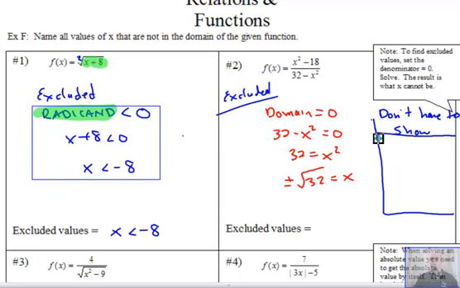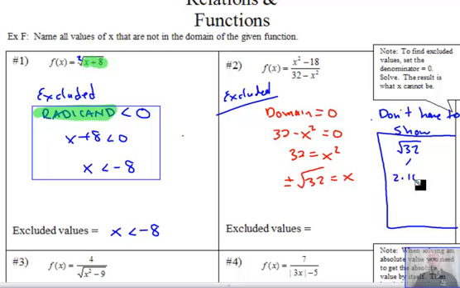So I'm going to show it here just in case you've forgotten. This is one method. This is not the method on how to simplify radicals. It's one method. 32 breaks down to 2 times 16. 16 breaks down to 2 times 2 times 2 times 2. 2 times 2 is 4, times 2 is 8, times 2 is 16, times 2 is 32.